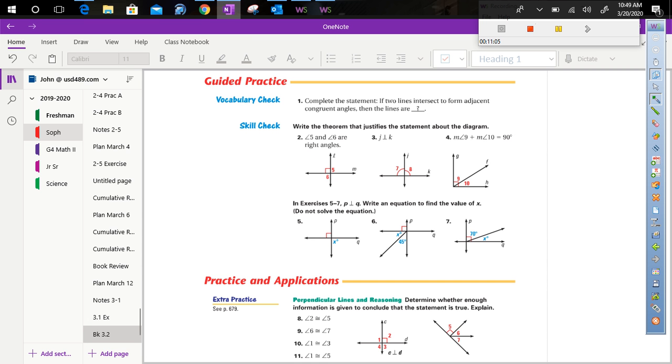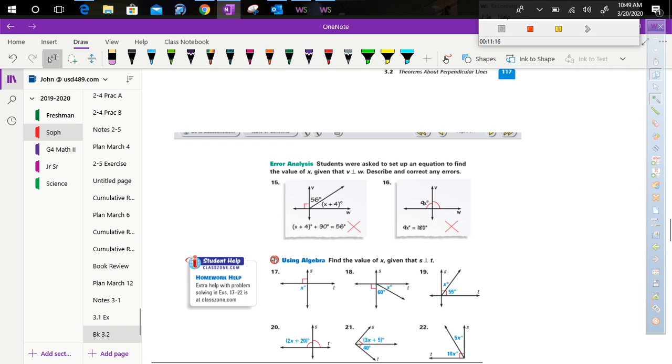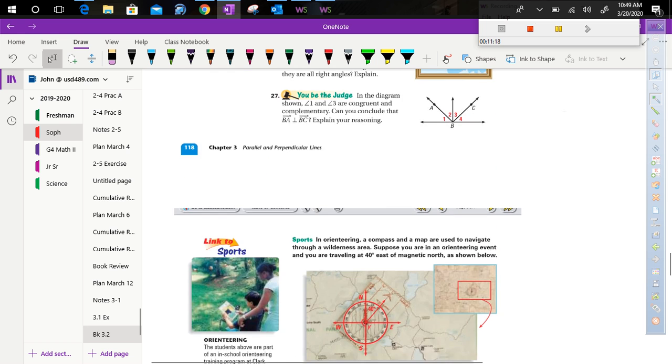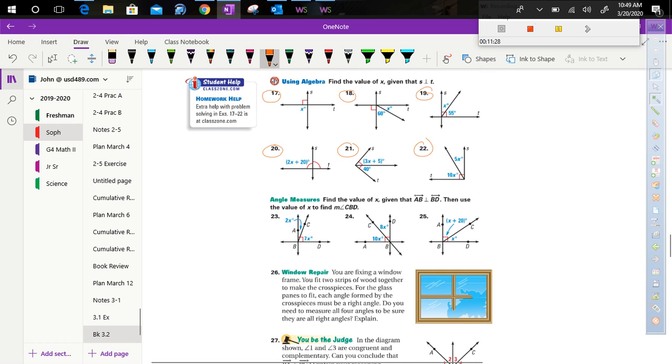But again, the problems that I want you to work on are problems 5, 6, and 7. And then if you scroll down a ways, I want you to do problems 17, 18, 19, 20, 21, 22, 23, 24, and 25. If you have any questions, contact me.